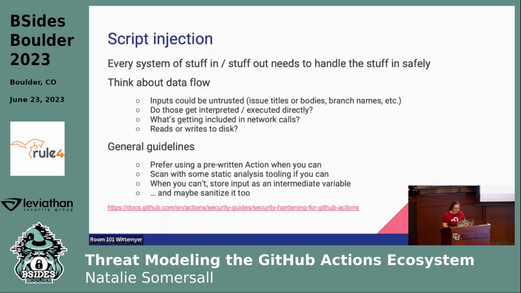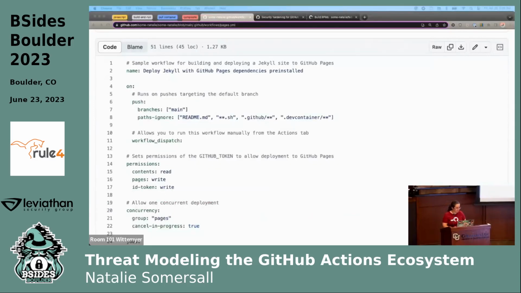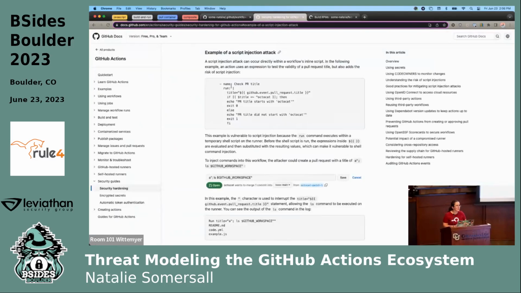And here is an example of a script injection. So down here is a quick script where we're going to get a PR title. And then we're just going to evaluate it with bash. So if the title is this, then we're going to do this thing.